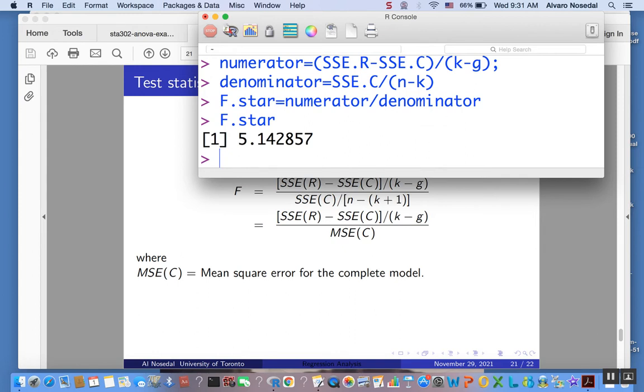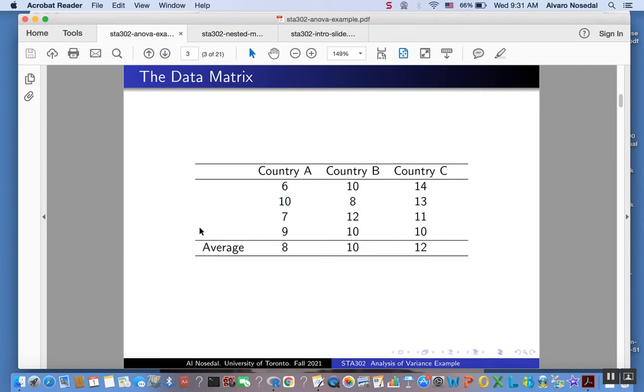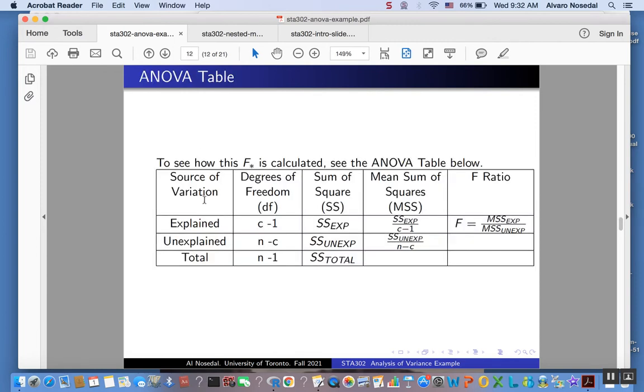Okay, so now let's go back to what we had here. Remember that we saw something that we called the ANOVA table. We're going to try and make sense out of that ANOVA table. The source of variation in the first column of an ANOVA table is the explained, unexplained, and total.